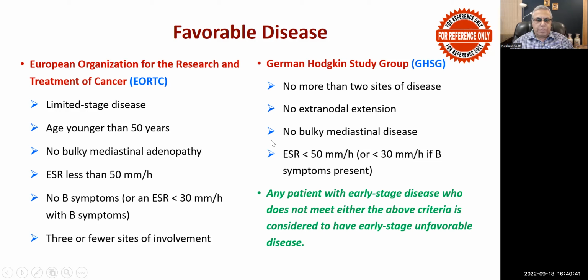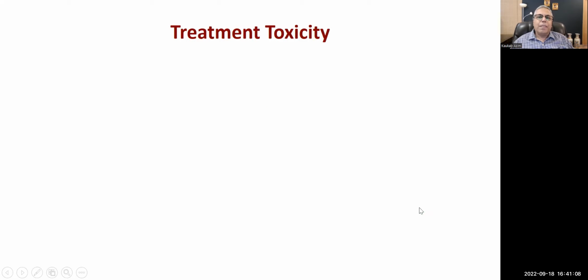No more than 2 sites, which means less than 2 sites. No extranodal extension is a good thing, okay? No bulky mediastinal disease is a good thing. ESR less than 50. So if these things are not present, then it's bad. So it is unfavorable, okay?